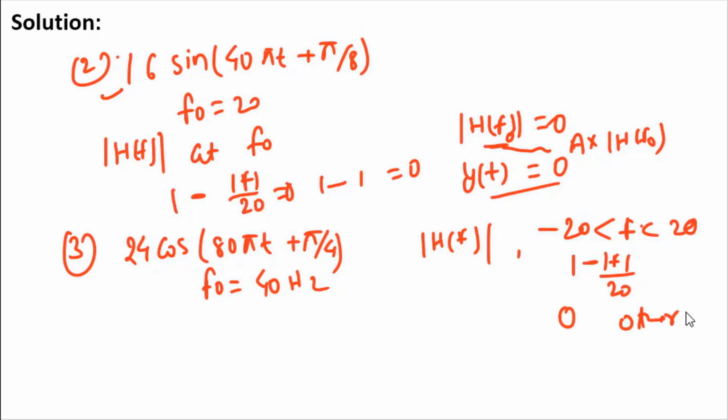Other than this frequency range, the magnitude response is 0. So your f naught is 40 hertz, so the output will be 0 for this frequency also.